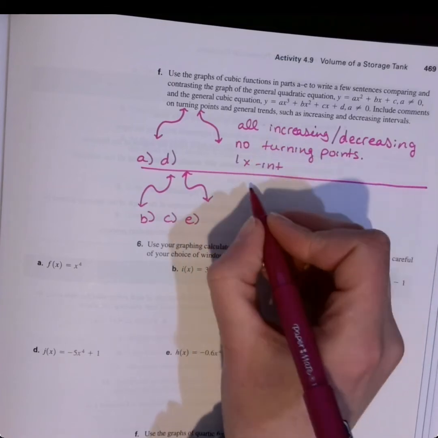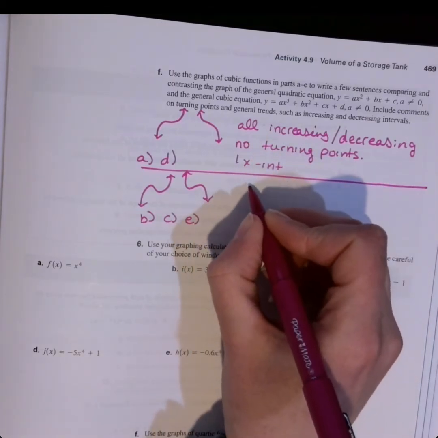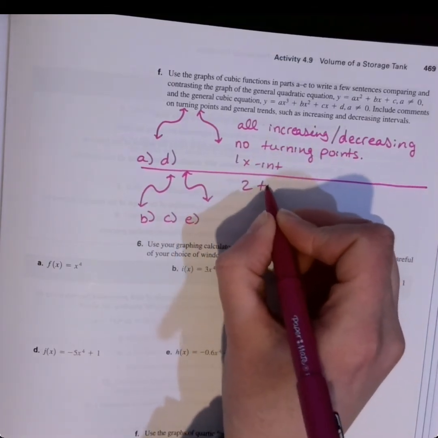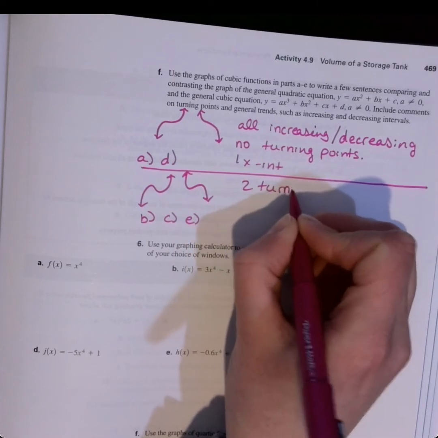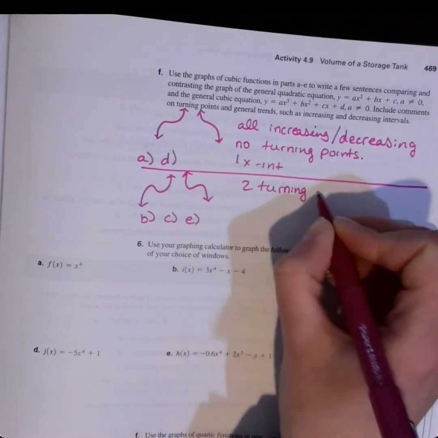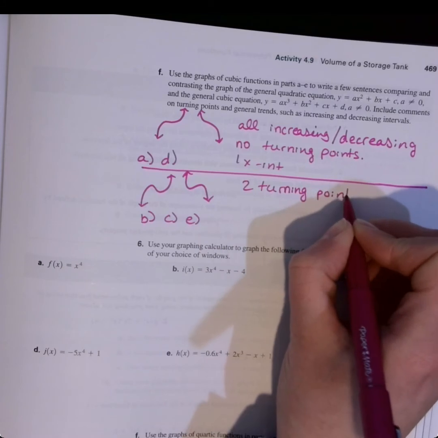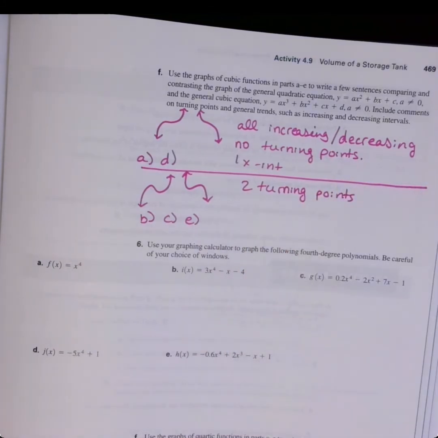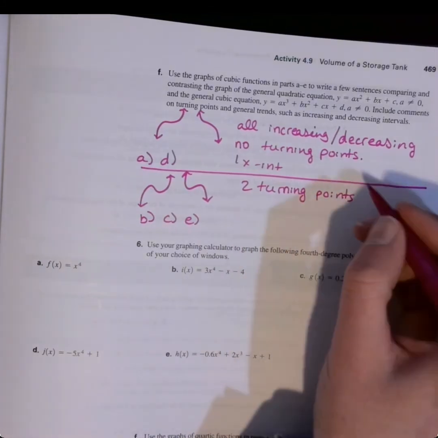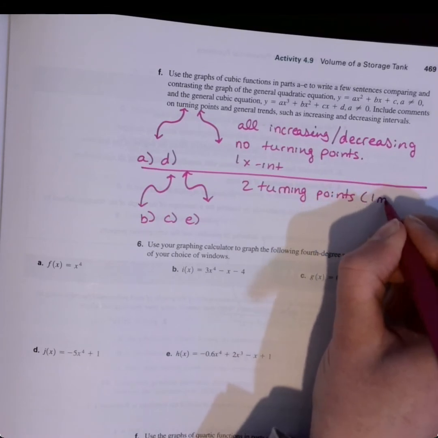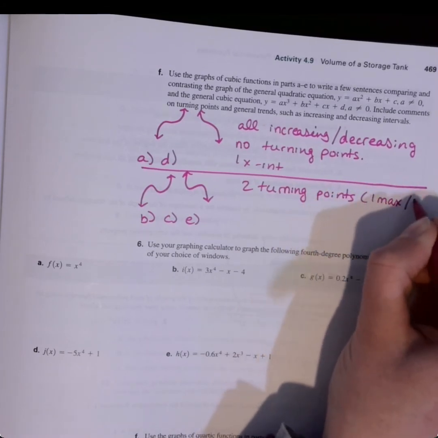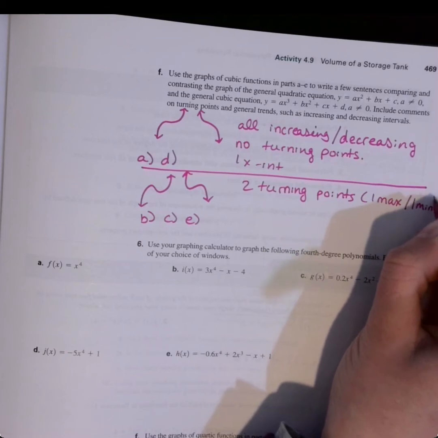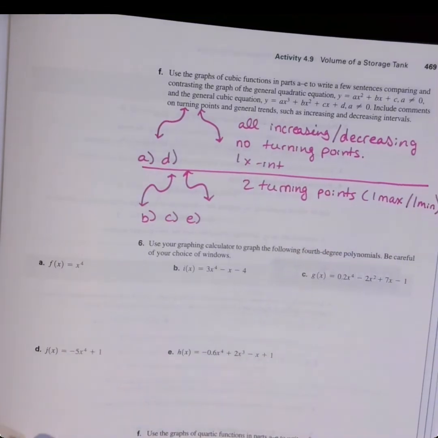they have two turning points. Both of these shapes have two turning points. And one of those is a max and one of those is a min. Okay, so one max and one min. Two turning points, one's a max, one's a min.